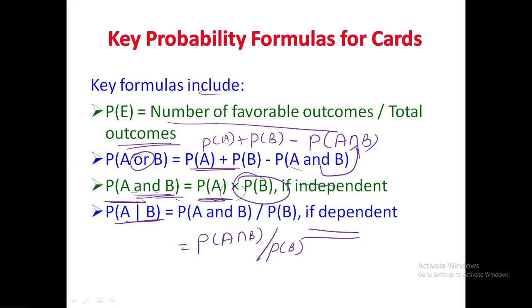Independent means probability of A times probability of B. Similarly, probability of B given A is probability of B intersection A divided by probability of A.